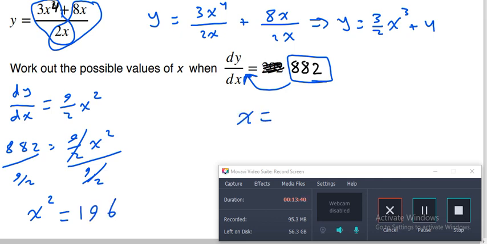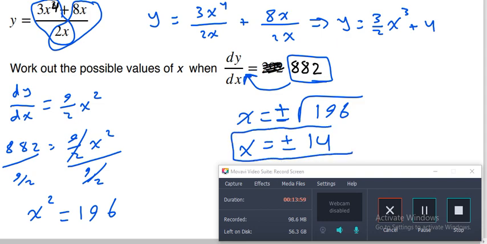To find the value of x, it will be the square root of 196, and don't forget positive and negative. It will be positive and negative 14. So these are the possible values of x, positive 14 or negative 14.